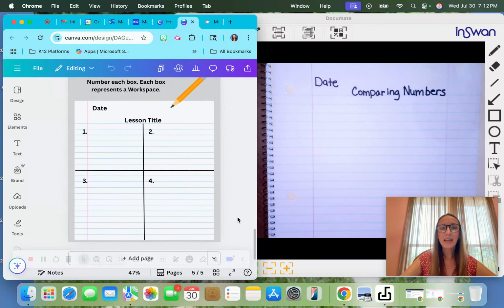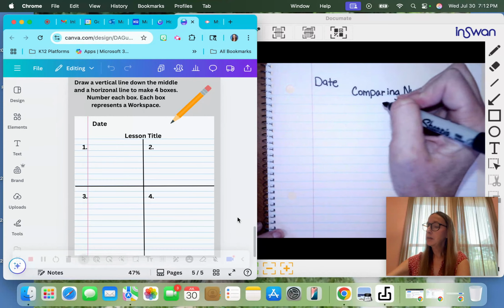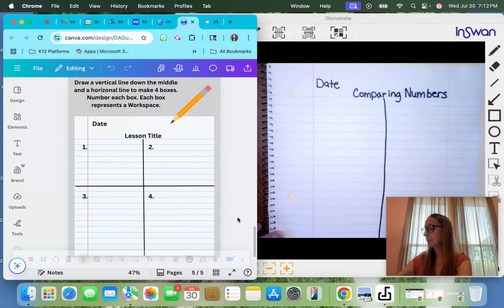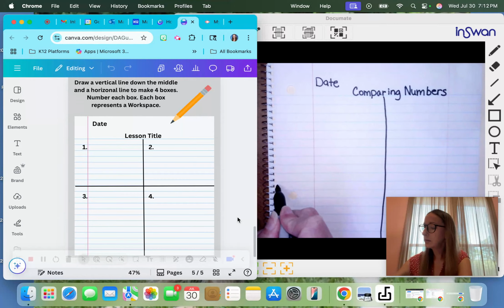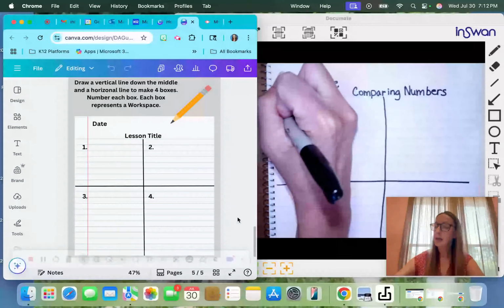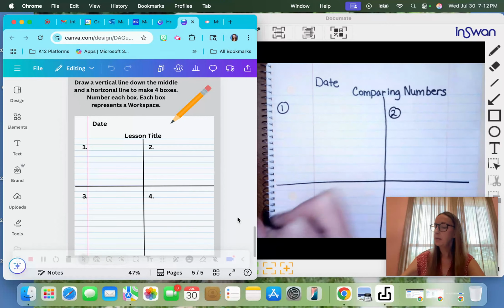And then the next step is we're going to create workspace boxes. And so the first thing we want to do is draw a line just straight down the middle, a vertical line, and then a horizontal line across the middle. And then that way you have a space for one problem, another problem, and 4 total problems.